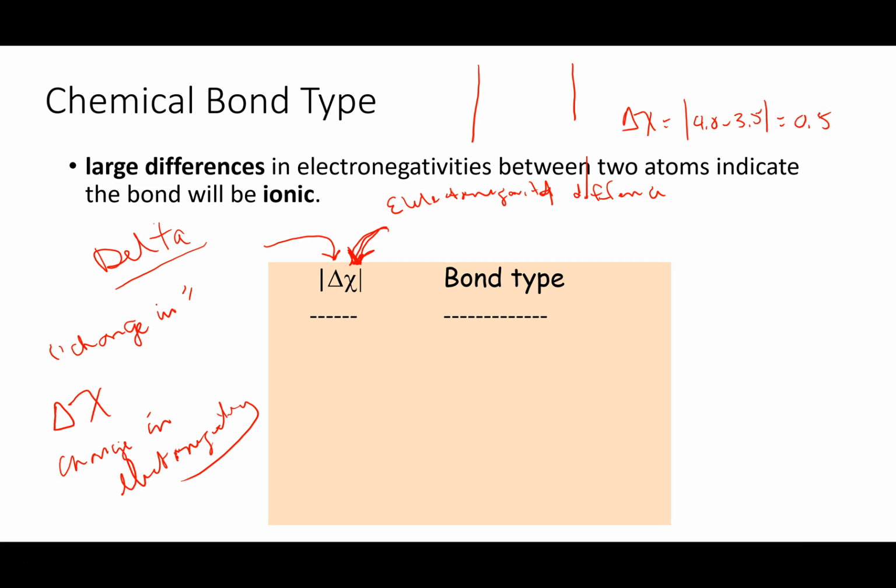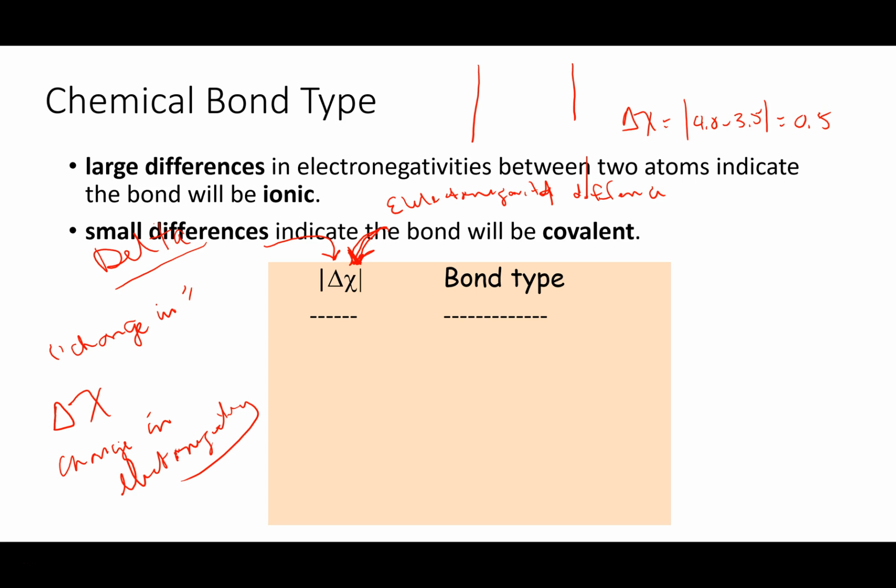We have these different flavors of covalent bonds where electrons are shared. Large differences between the electronegativities of the two atoms mean that the electron will be transferred, and your bond will be ionic.